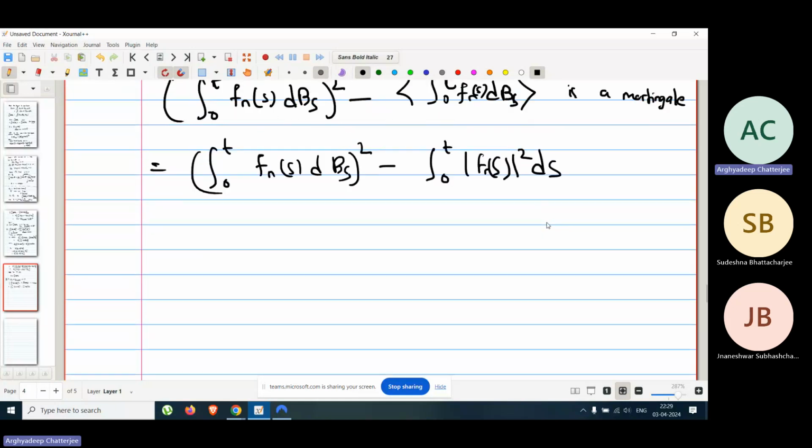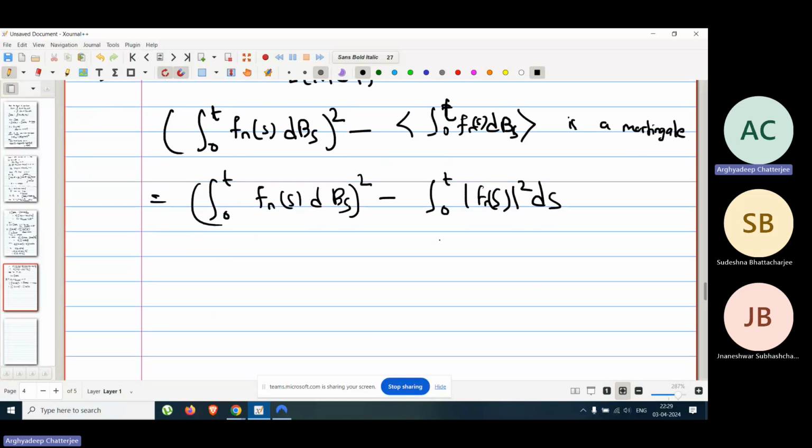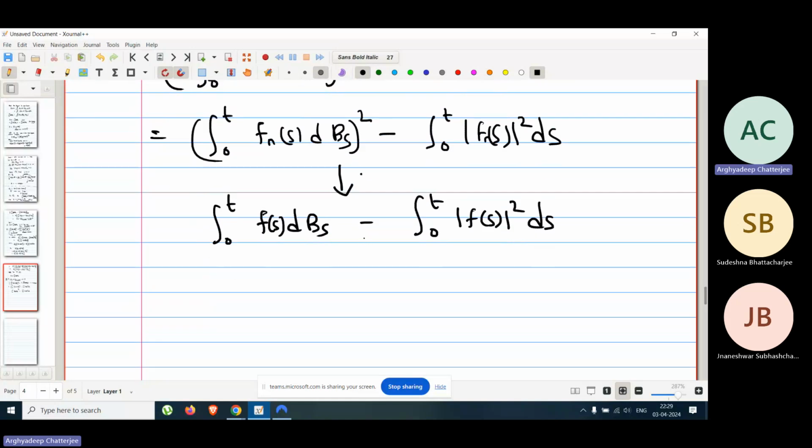So we need to show that, by the L2 convergence, we have L1 convergence of this martingale to the integral of f dB_s, squared, minus the integral from 0 to t of f squared ds. So we need to show that this convergence takes place in L1.